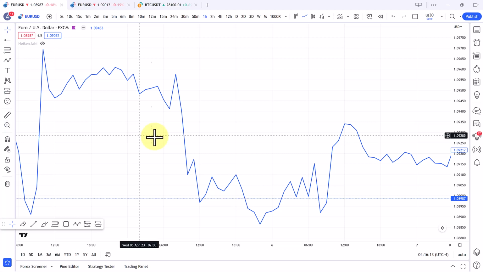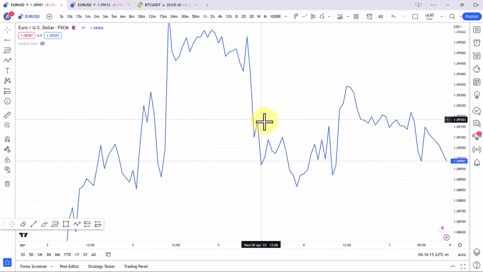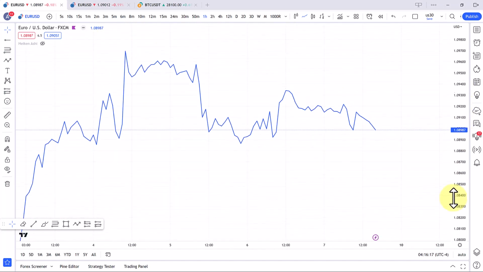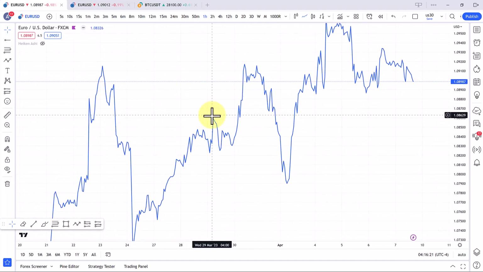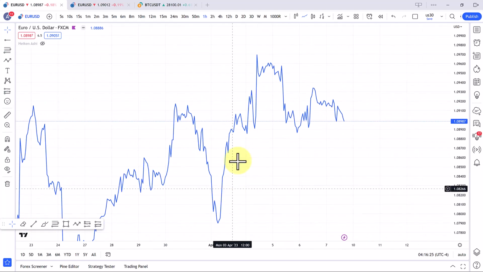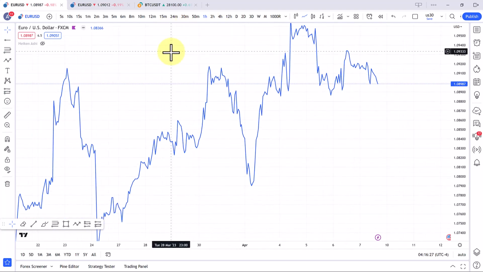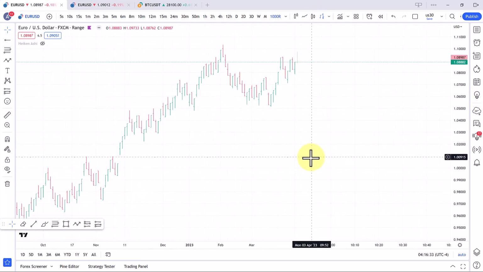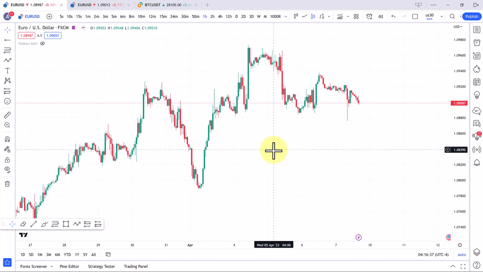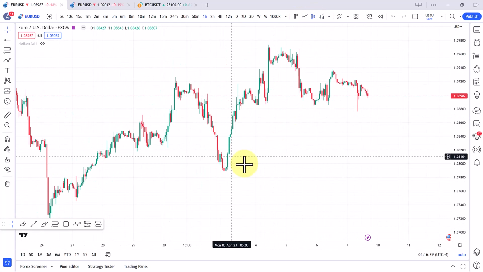What I mean by that is you can see how the market is flowing in a clean, beautiful way when you are using the line chart. You can see that it is going to the upside and it is going to the downside and vice versa. But when you go, for example, to a bar chart, it is less graphical, it is a little bit noisy, or candlestick charts, it is a lot noisier than other kinds of charts.